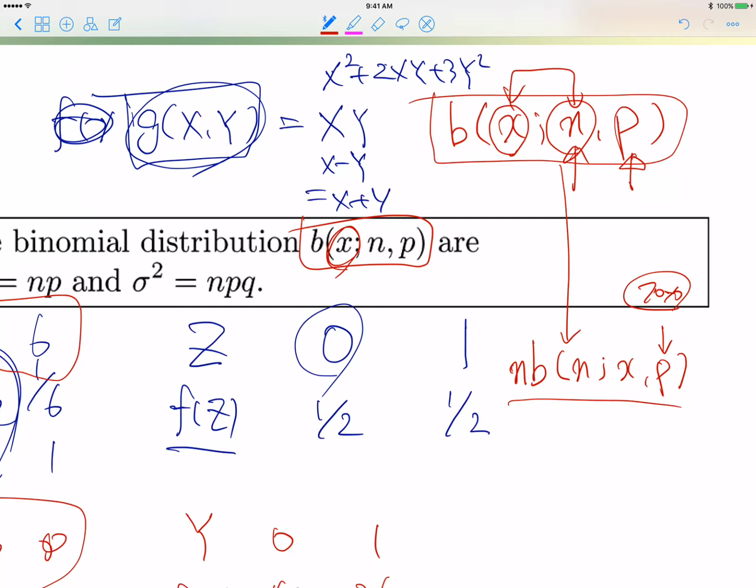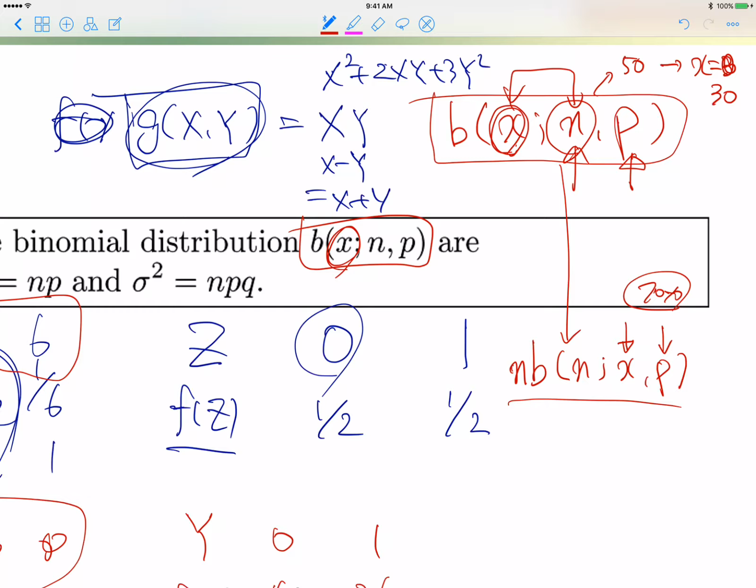But in this case, where we change the role of x and n, x is fixed. And what was the meaning of x? x was the number of red balls that we have to obtain out of n samples. Suppose we obtained 50 samples, and out of these 50 samples, x was, for example, 30 red balls.